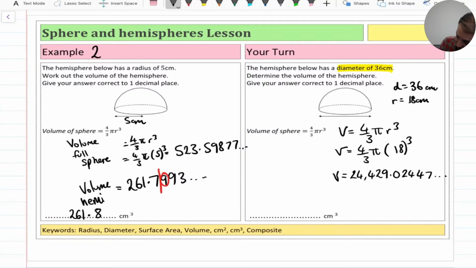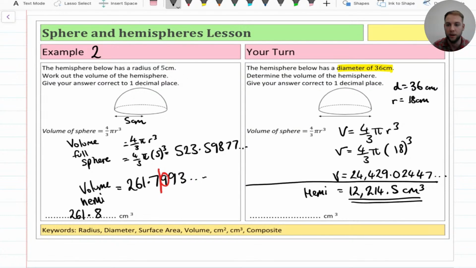Don't forget we need to find out the volume of the hemisphere, which is really important. So my hemisphere is going to be this divided by 2, which is equal to, most of you got that anyway, 12,214.5 centimetres cubed. Nice and straightforward. Brilliant. Super.